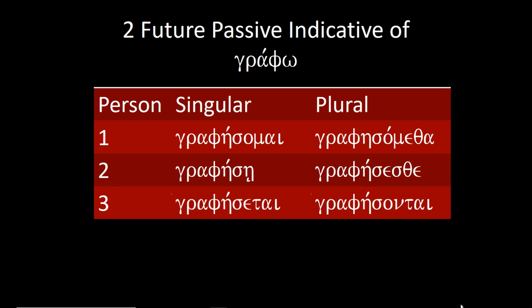There's no theta here. Graphesomai, graphese, graphesetai, graphesometha, graphesesthe, graphesontai. So no theta eta, just eta, and then that big key sigma, which is the key for the future tense.